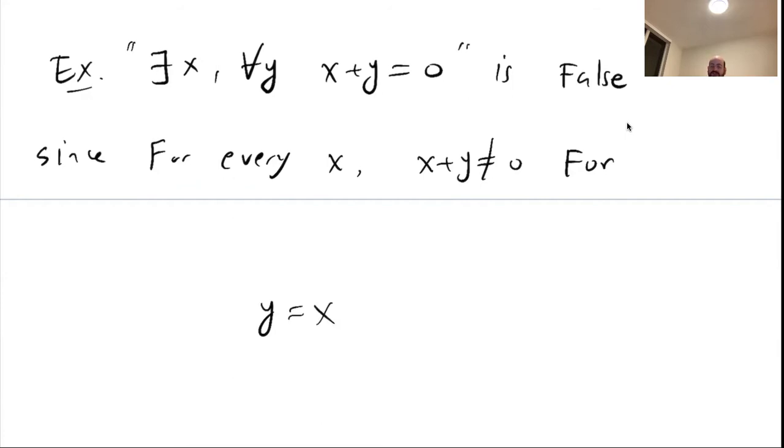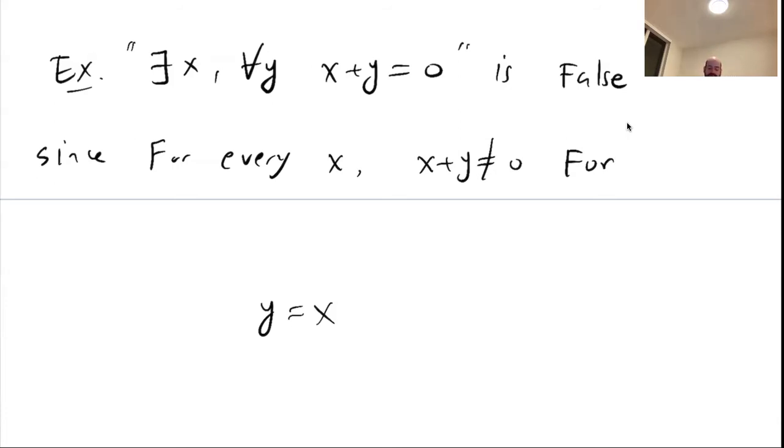That's a very simple attempt. And then x plus y becomes 2x. So can I say that 2x is not 0? Well, no, I'm not sure whether 2x is not 0, because 2x will be 0 if x is 0, right? And I don't know whether x is 0 or not.